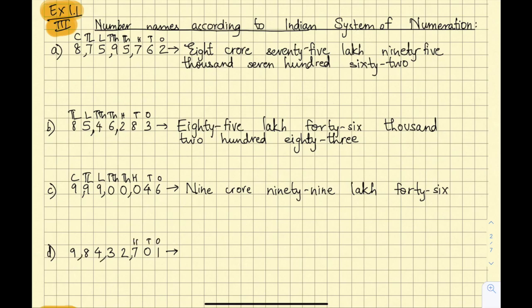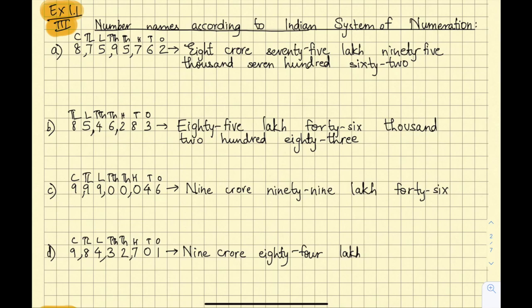Ones, tens, hundreds, 1,000, 10,000, lakh, 10 lakh and crore. So in place of crore I have 9. So I write it as 9 crore. In place of lakhs you have 8 and 4, 84. So you write it as 84 lakh. In place of thousands you have 3 and 2.